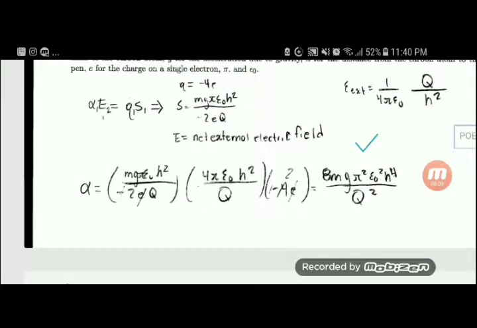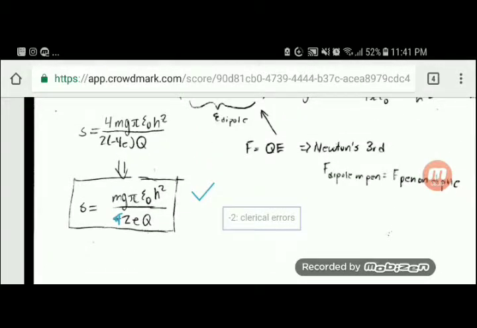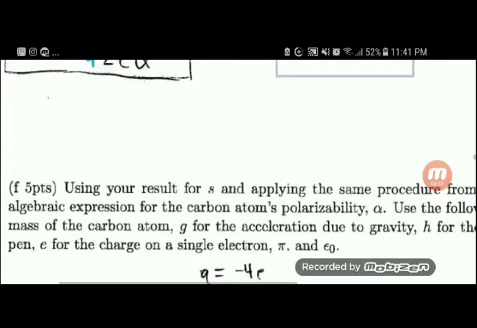Yeah, you can cancel out for most of these things. So in the end, you end up with 8 mg pi squared E naught squared h to the 5th over q squared. H to the 5th just carries over from the original S, where this should have been h cubed.